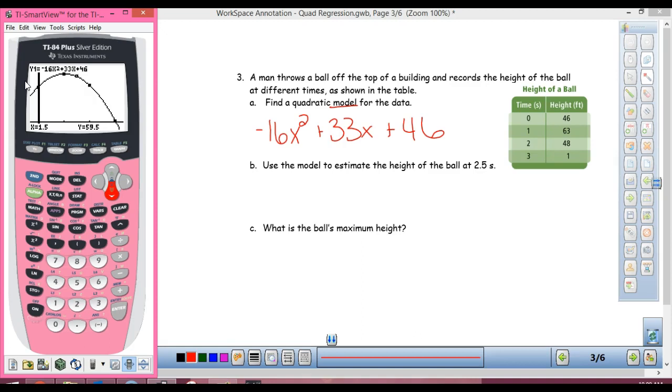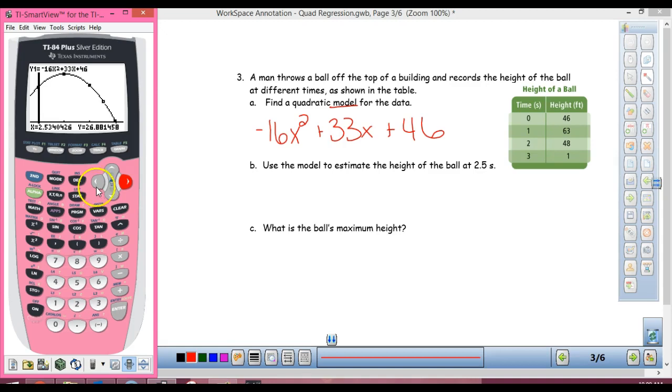Okay, so now I can find, what am I looking for? Where x is 2.5. Which is right about what? Well, that's 2.53 seconds.